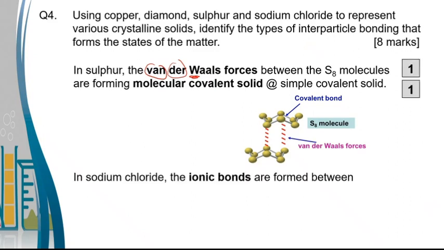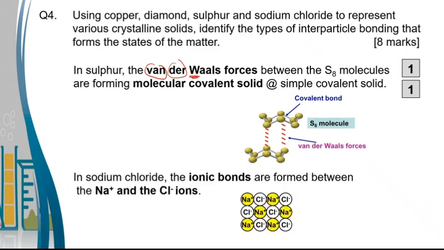And for sodium chloride, you must mention it is an ionic solid, or that it involves the ions, sodium ion and chloride ion, and there are ionic bonds formed between the sodium ion and chloride ion.